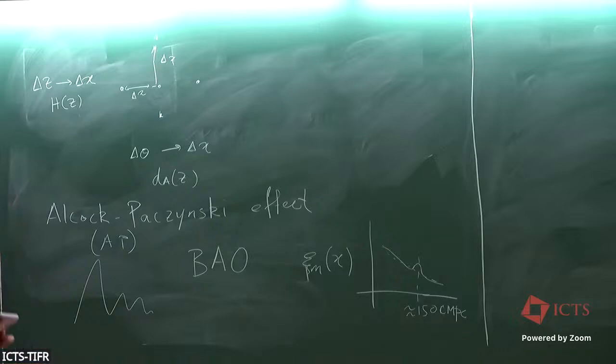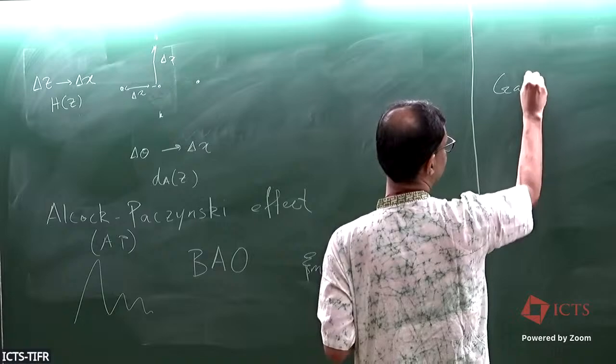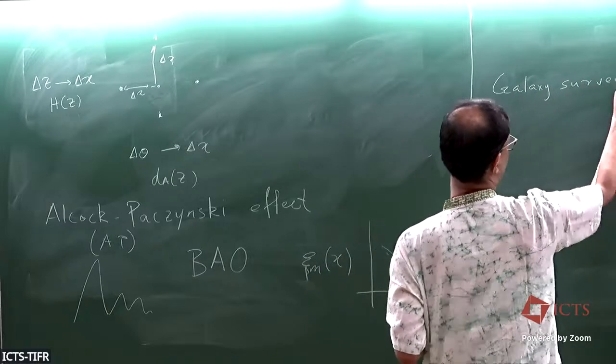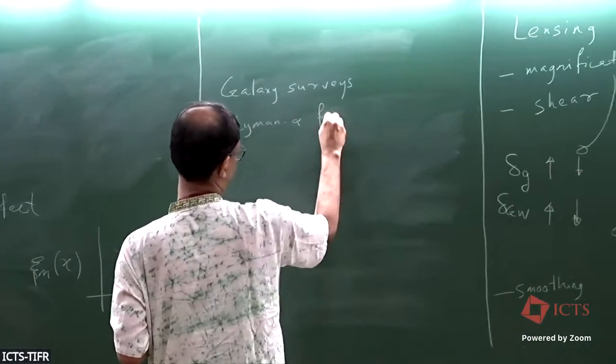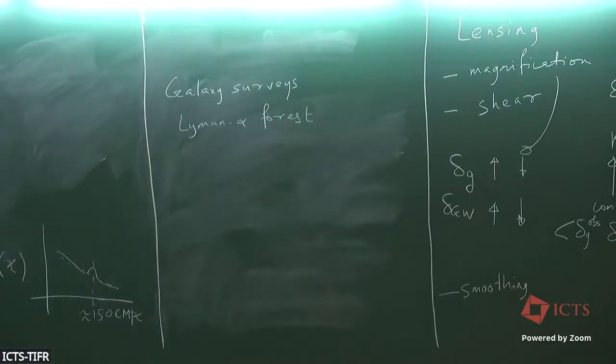And this is done using both galaxy surveys as well as Lyman alpha forest. We did not talk about Lyman alpha forest at all, but that is another very important cosmological probe, and both can be used to do BAO. People now are really trying to do BAO with various other upcoming probes, more galaxy surveys.